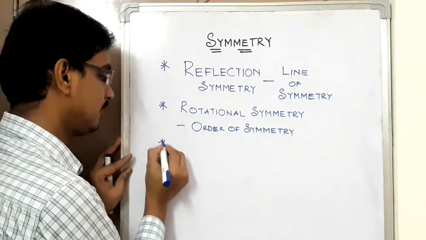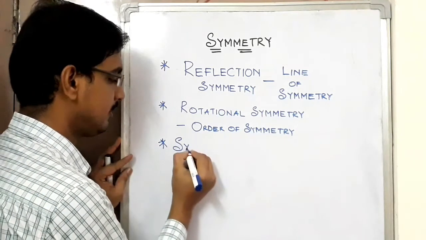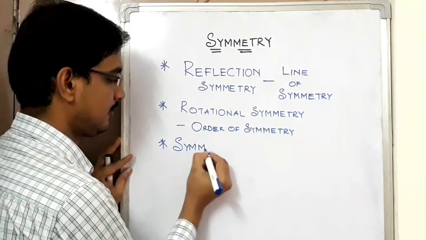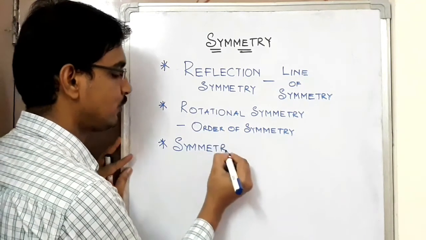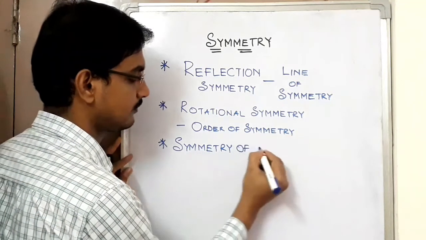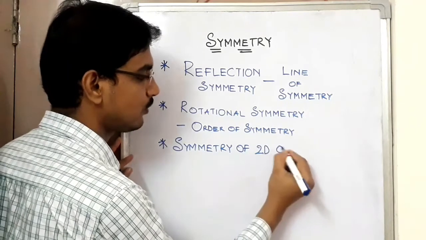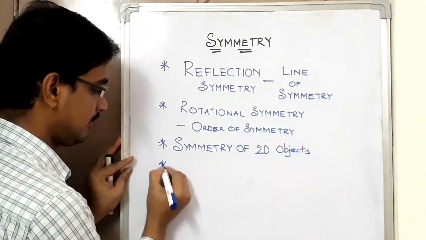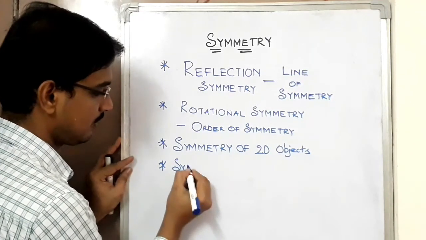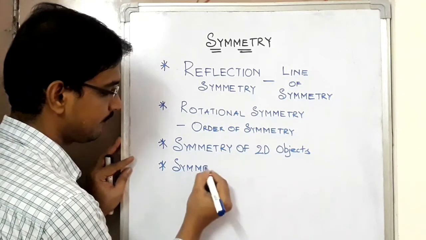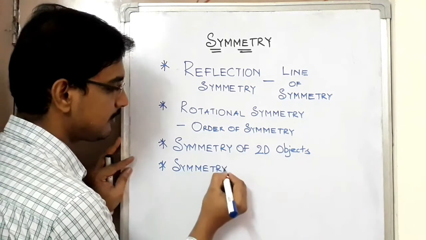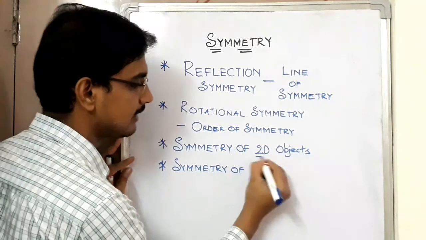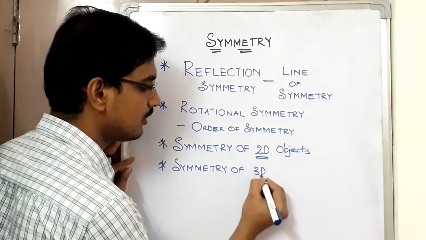Then you will have symmetry of 2D objects, and then you will have symmetry of 3D objects. By the time I explain these concepts, I will tell you what exactly 2D and 3D objects are.